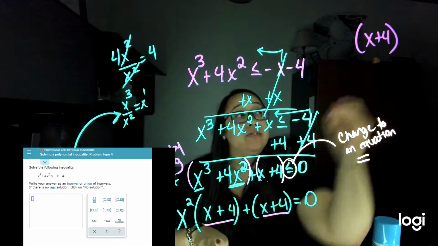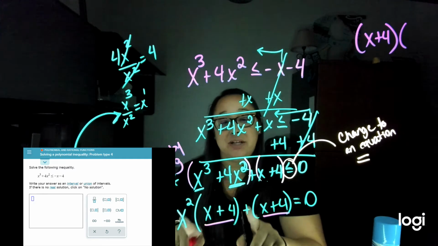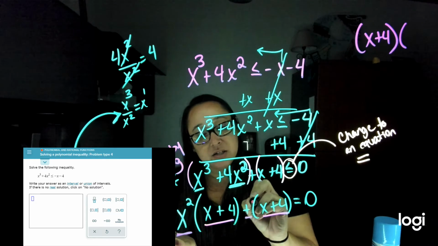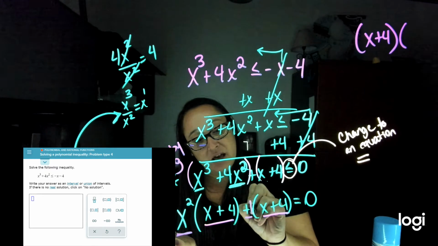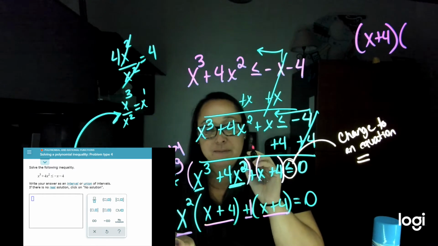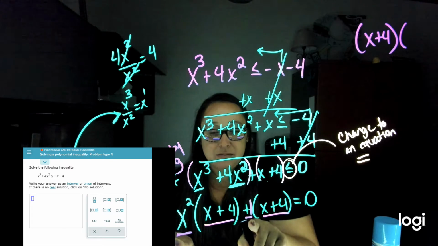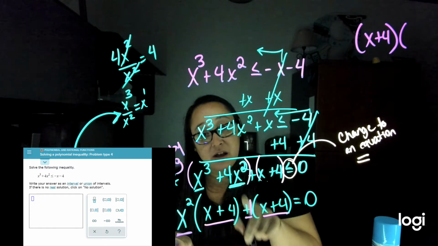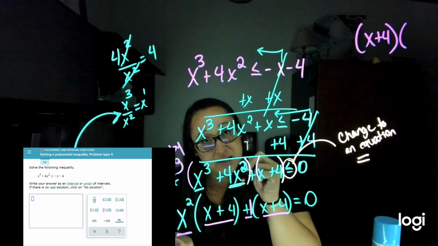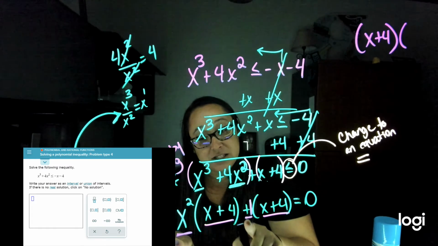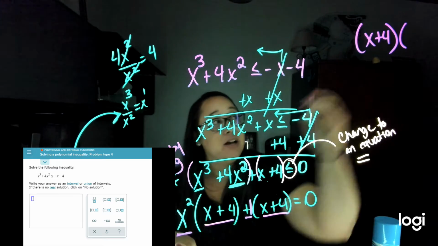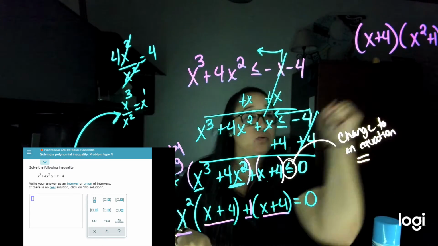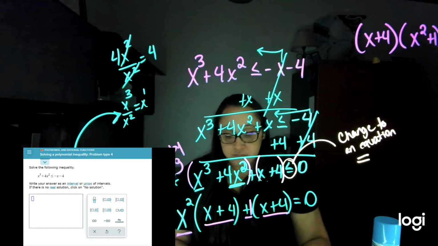My other factor comes from what I have on the outside, and in this case it's going to be x squared plus my coefficient that I have here. You don't really see it, but there is a 1 there, correct? So my coefficient there is a 1. We can write it there if we need to so that you can clearly see it. But my other factor will be x squared plus 1, and we're going to set that equal to 0.